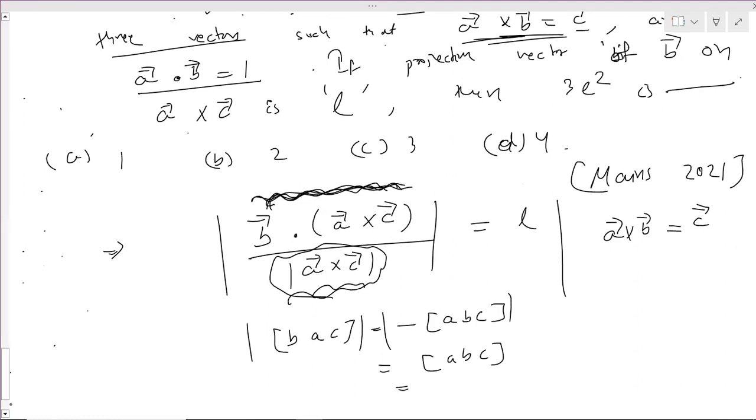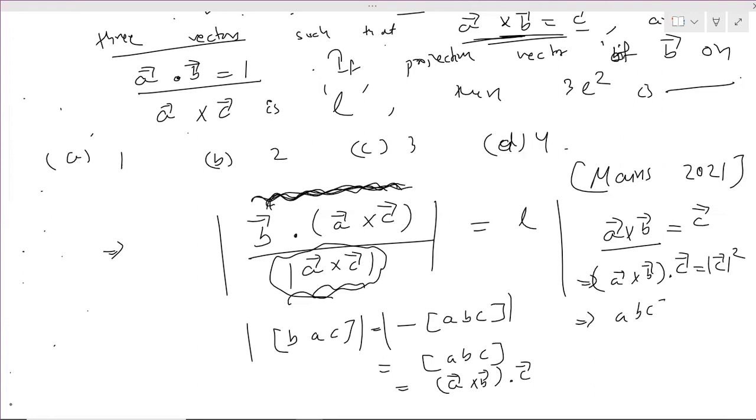So ABC means A cross B dot C. We already have A cross B, so I can take dot C on both sides. So this is modulus C square. So finally ABC we get mod C square.